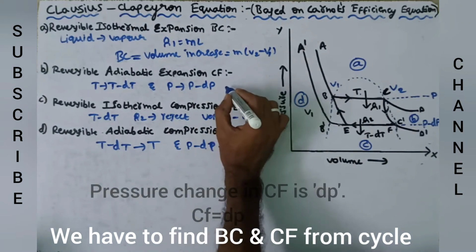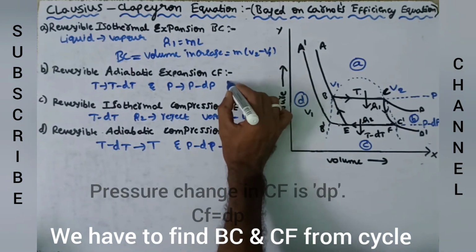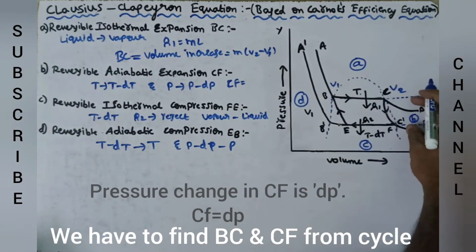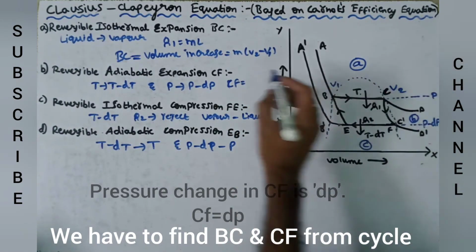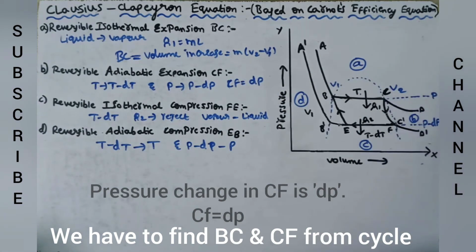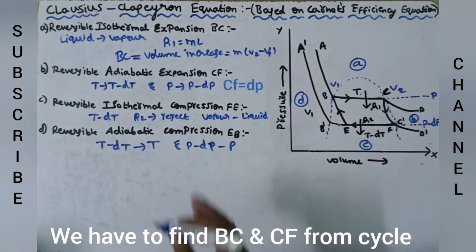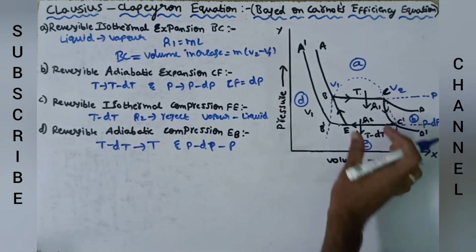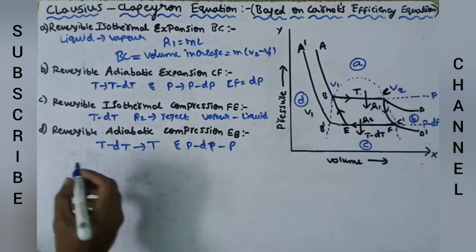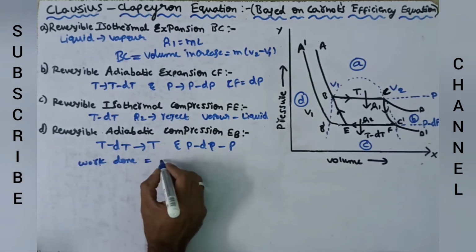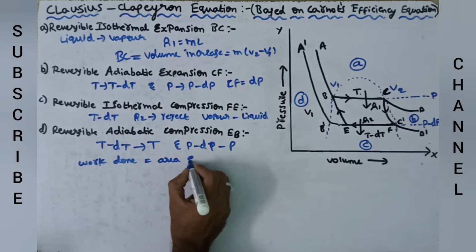Here in the adiabatic expansion CF, dP amount is reduced in pressure. So the CF curve represents dP, the pressure reduction. This is the data we have. Now work done in this cycle is equal to the area enclosed.